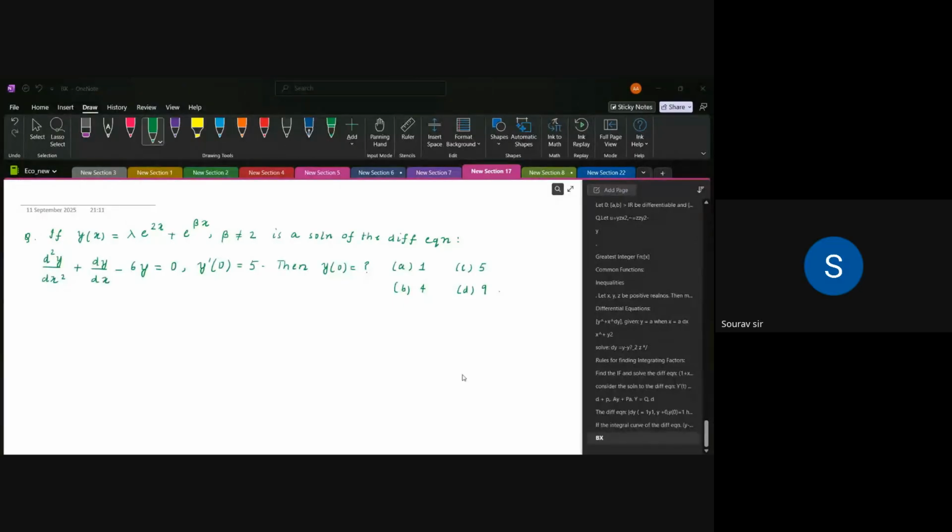Then we will find the value of alpha and beta.